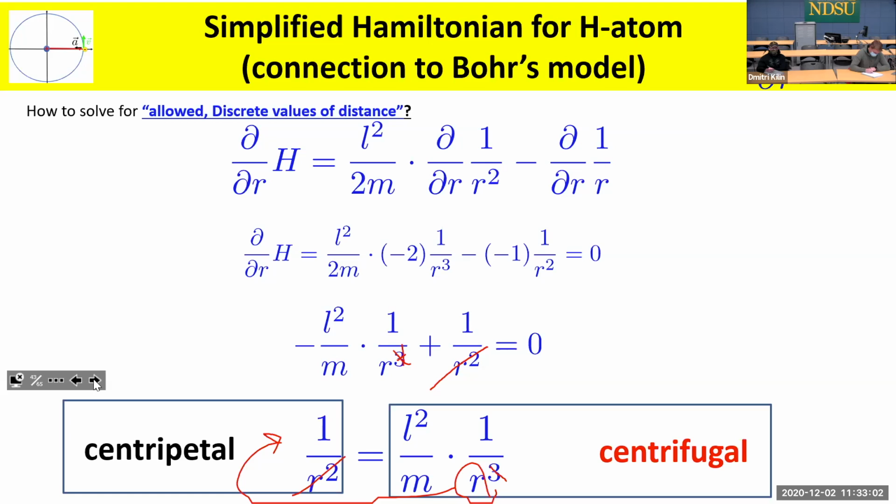And by canceling radius squared, one will obtain the connection between radius and angular momentum. Like if you have a sling that is made of some elastic material, like a rubber band, the quicker you rotate, the more the rubber band is expanded. Makes sense?